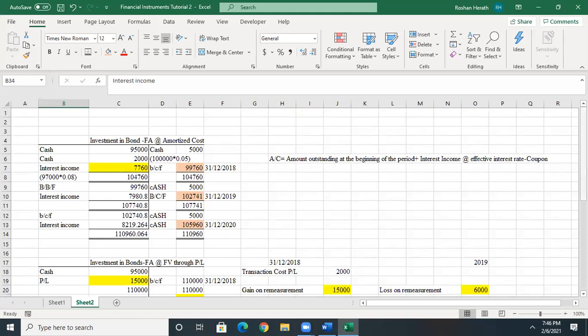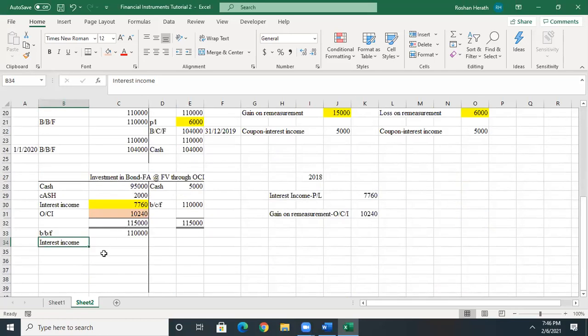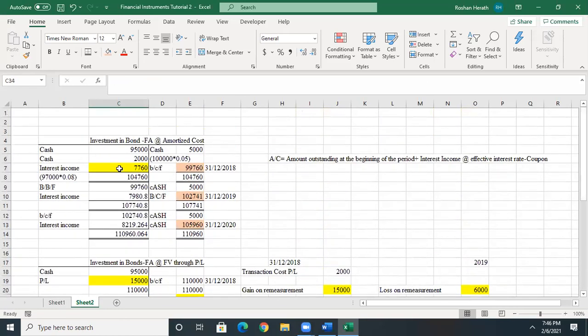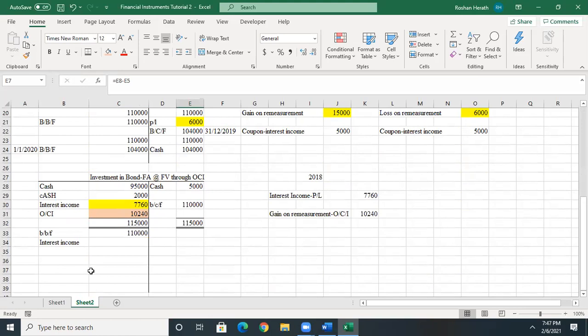So therefore, you cannot simply take this 110,000 and compute the interest income. I said this treatment must be just as if it went as a financial asset at amortized cost. If you had worked this out under amortized cost, what amount would have been there? That would have been 99,760. That would have been the amount at the start of the next year, and based on that amount we take the interest income.